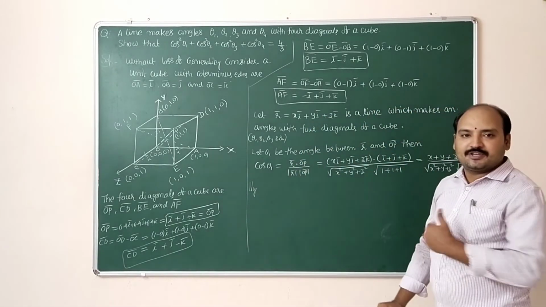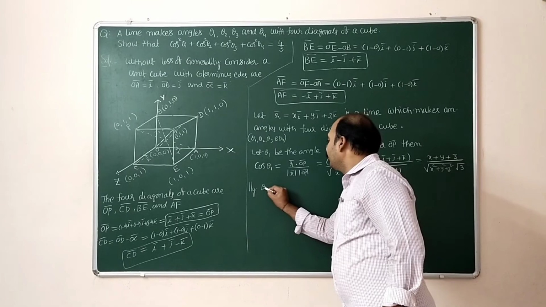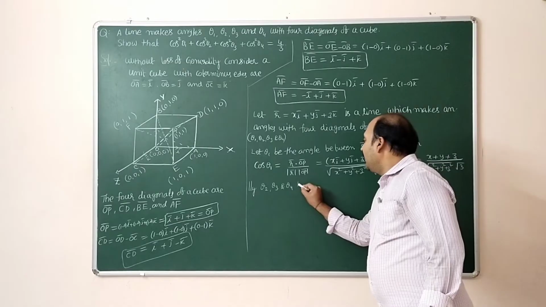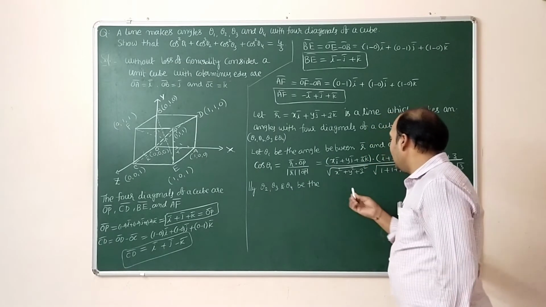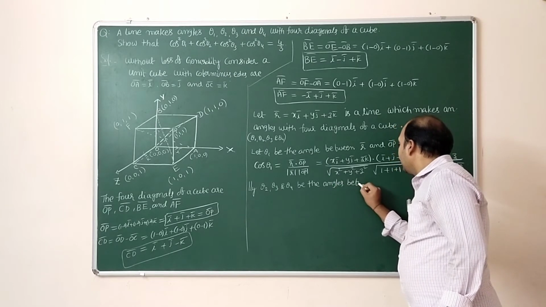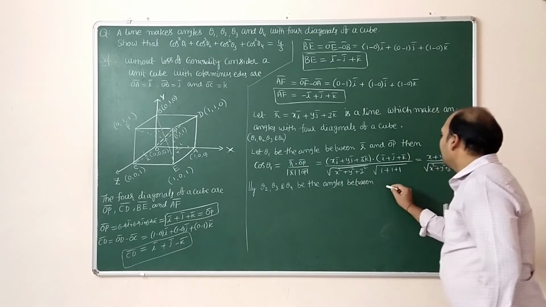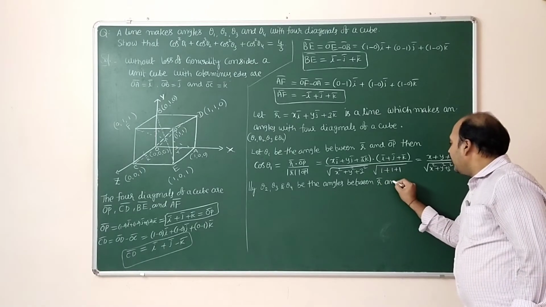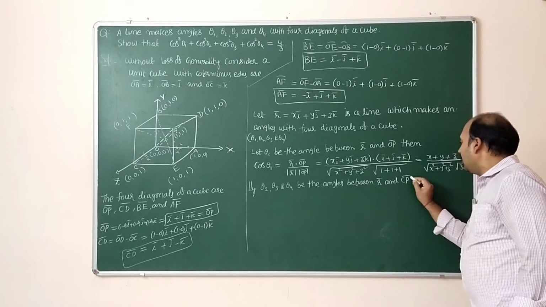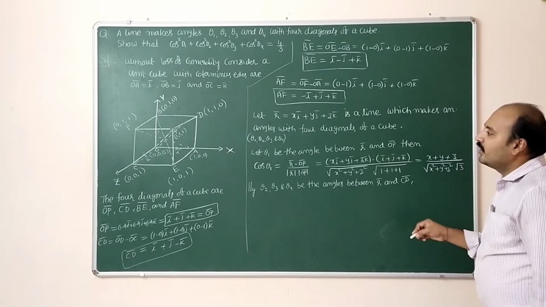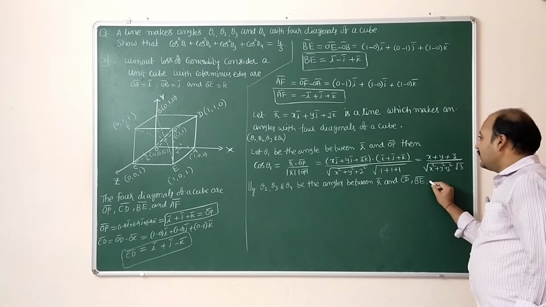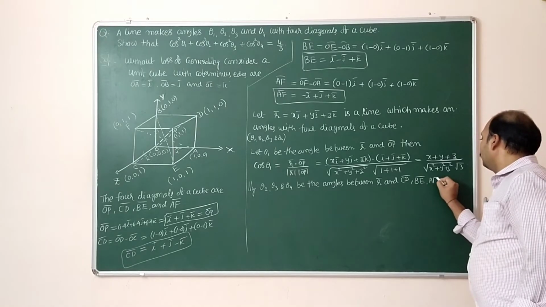Similarly, I am writing theta 2, theta 3 and theta 4 as the angles between R bar and, after OP, the CD diagonal, next the BE diagonal, and the last one the AF diagonal.